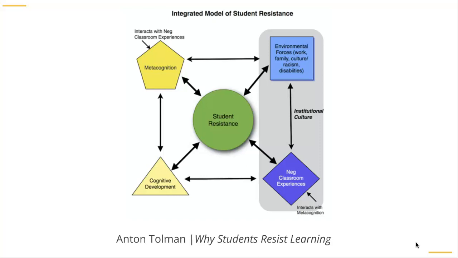I guess metacognition and cognitive development are maybe within the student, but the others are outside of the student. So when we are observing specific behavior with students, it's important to recognize that it's a much bigger thing. We're only seeing some small bit of what's actually happening and what might be contributing to some of that behavior that the student is exhibiting for us.